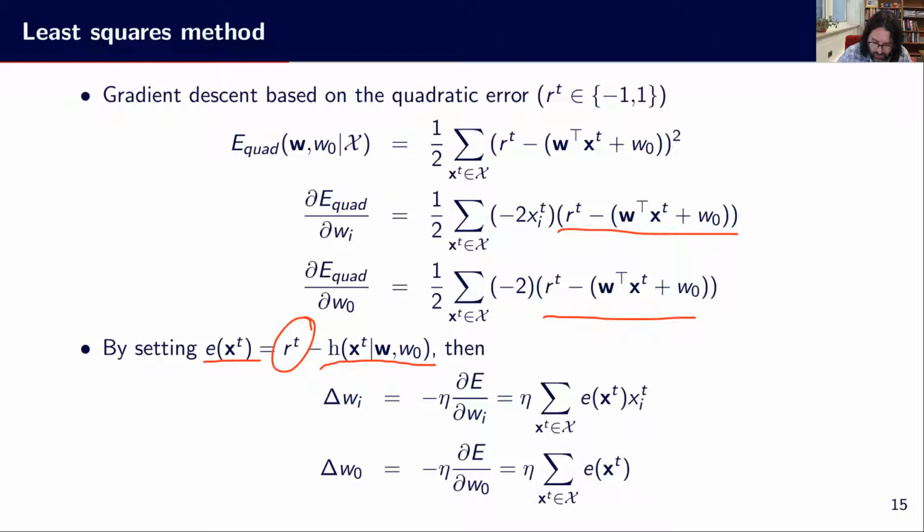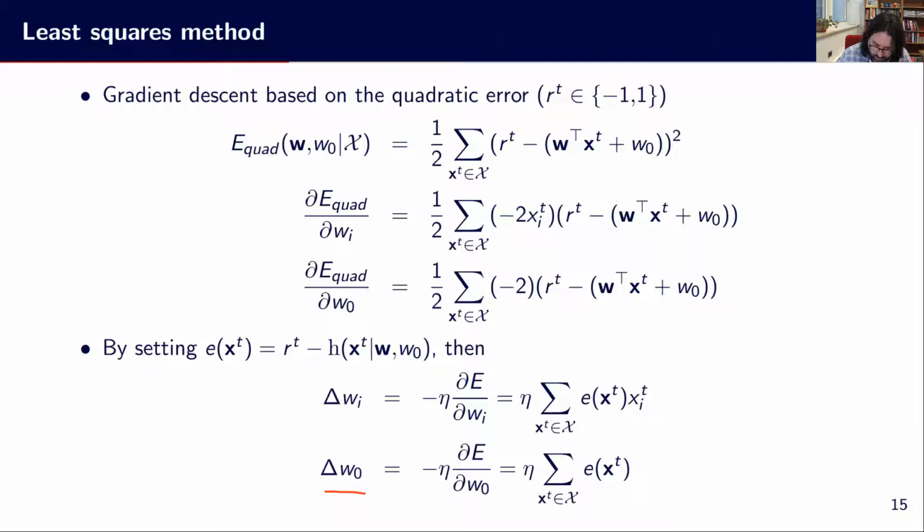Developing the delta applying to w_i with that criterion, we get minus eta times the partial derivative. It is eta because the minus sign is simplified, so it is equal to eta times the summation over all samples of the error e(x^t) times x_i^t, the i-th component of the vector x^t.